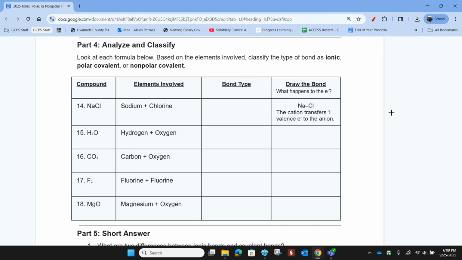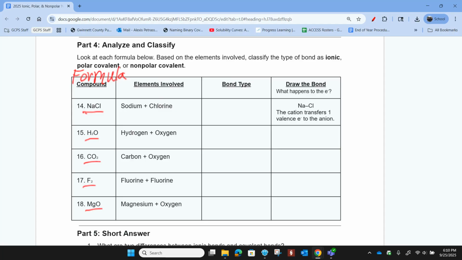Okay. So look at each formula below. So the compound is the formula, because remember, we're bonding elements together. They're no longer alone. So formula, compound, same thing, almost.